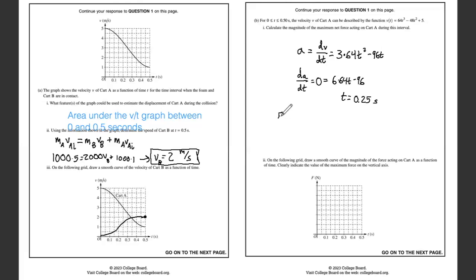Now, to figure out that value of the net force, I would say that net force is equal to mass times the acceleration at 0.25 seconds. So that's going to be 3 times 64 times 0.25 squared minus 96 times 0.25, and you would multiply all of that by the mass, which is 1,000.